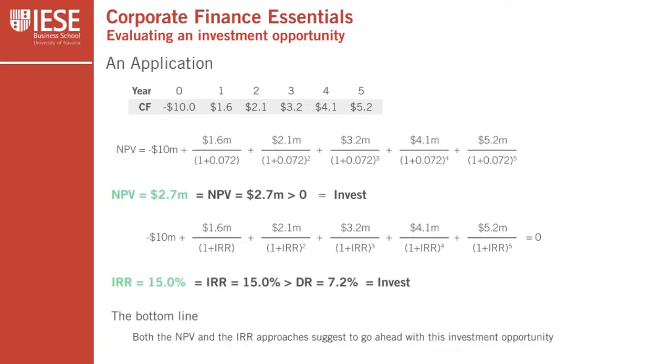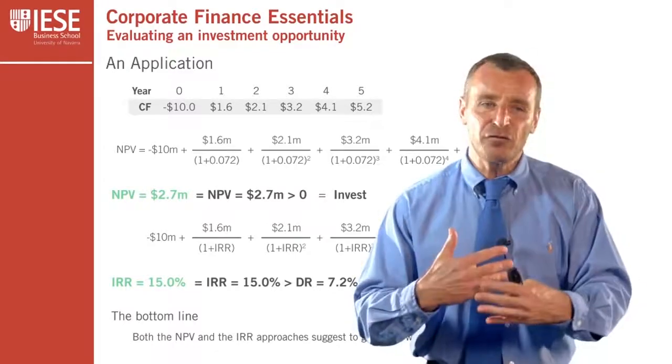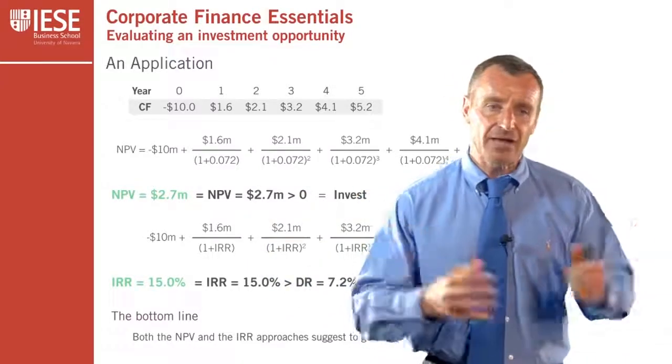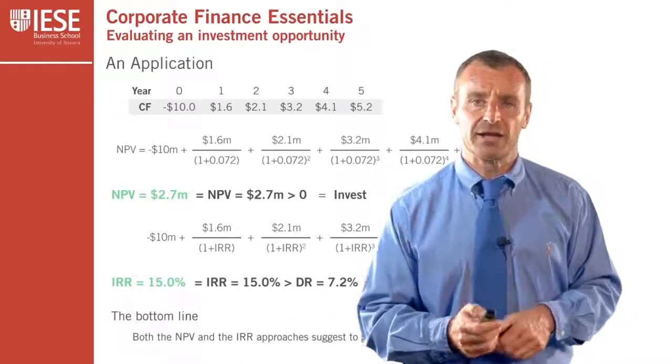So the bottom line of this is, if Starbucks is more or less certain, or we're never certain, but if they're confident about getting those expected cash flows that we get in the table, then they should actually go ahead with this project.